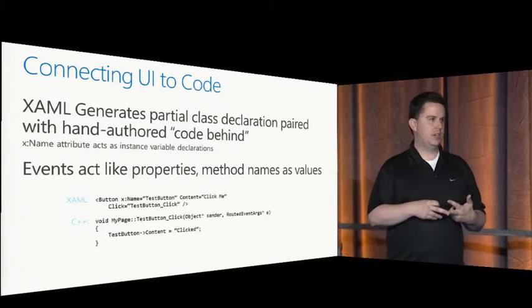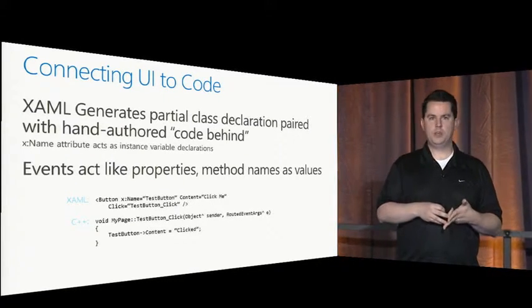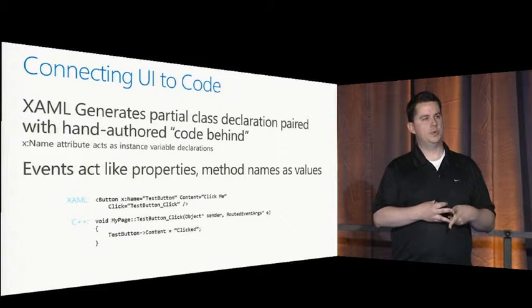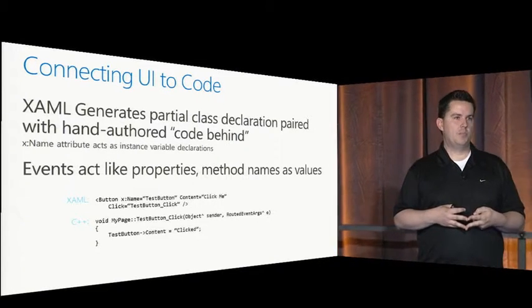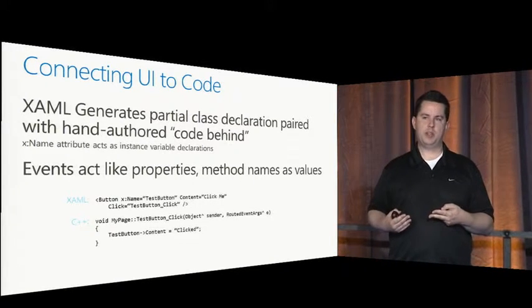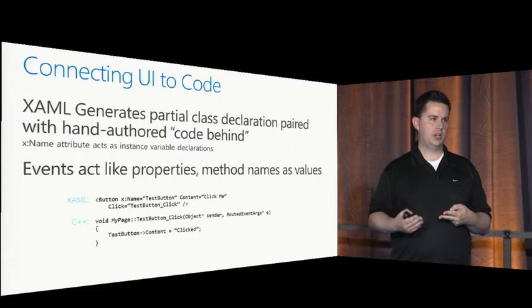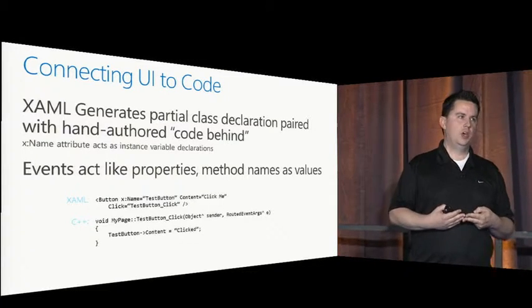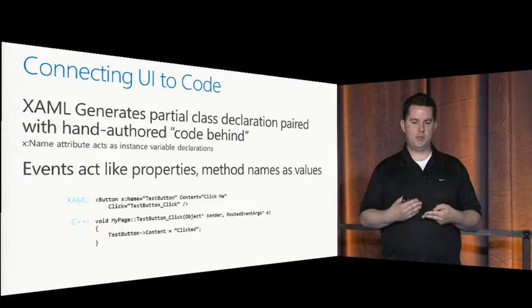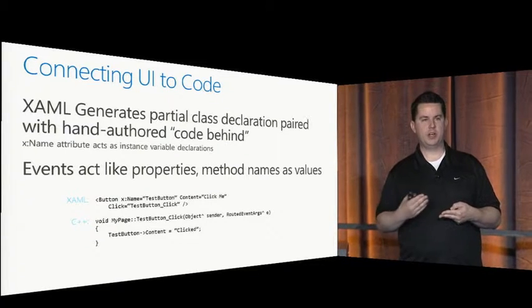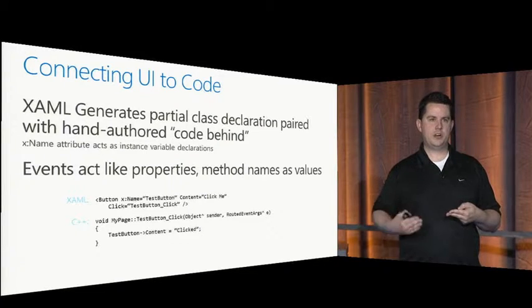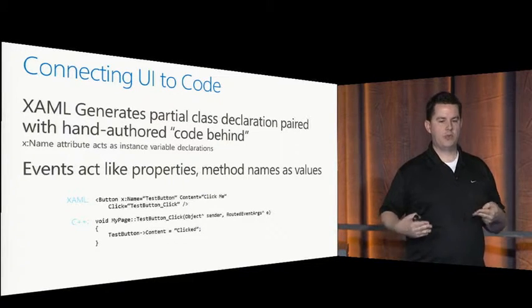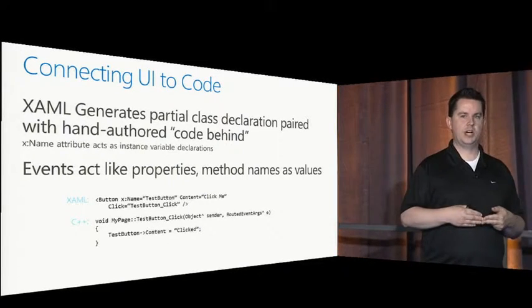And then there's actually the compilers. And in XAML, we think of it as we have two compilers. We have the code compiler, but we also have something that we more commonly refer to as a markup compiler. And the markup compiler is something that is happening in the background most of the time. It also executes when you actually build. But in this example of where I say button x:Name equals test button, click equals this, what the markup compiler is doing in Visual Studio is generating a partial class for you for that file. Let's say this file is foo.xaml.